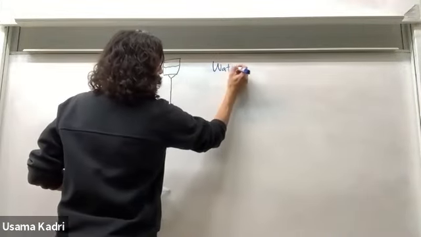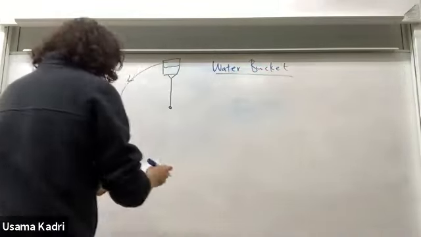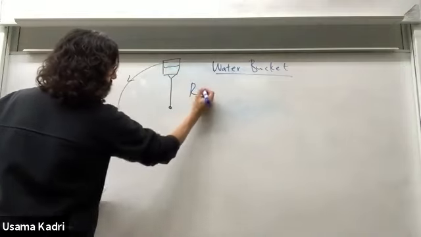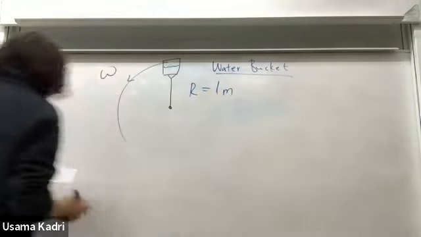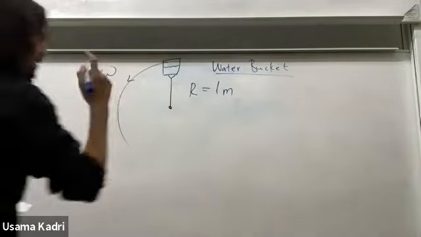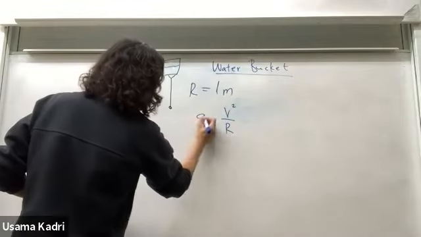So we have a water bucket. Let's take R equal to 1 meter. What we want is that the acceleration, now remember the acceleration is v squared over r also, right?